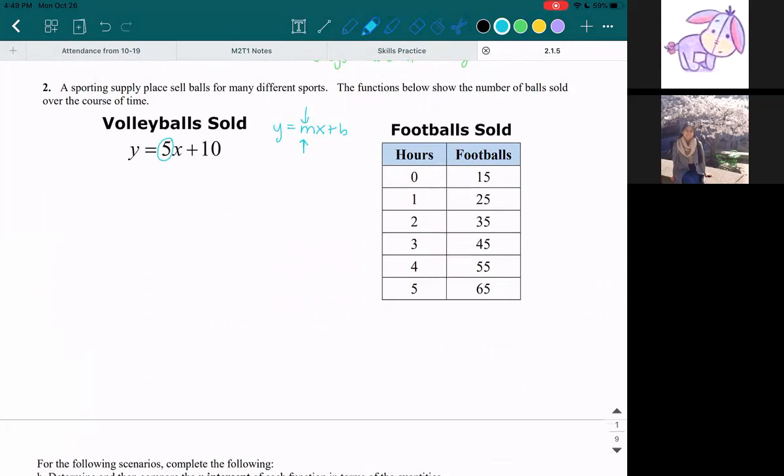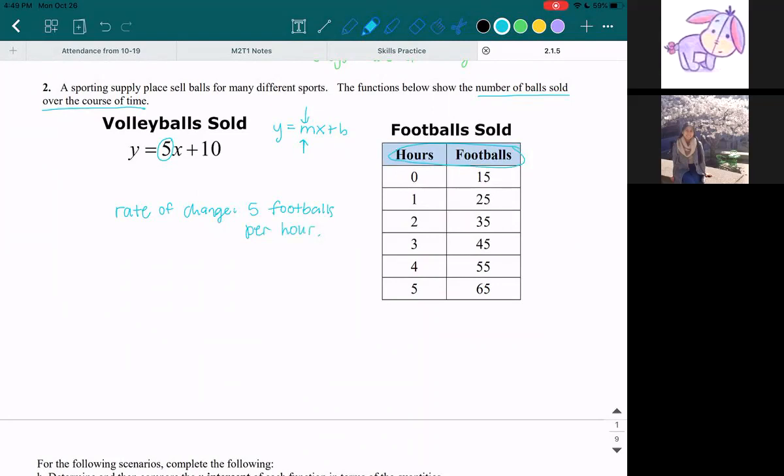Okay? Rate of change 5. And it's 5 what? Well, the functions below show the number of balls sold over the course of time. And then you can also see it's footballs per hour. So you can write 5 footballs per hour.